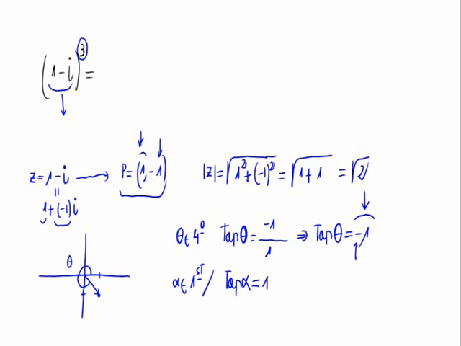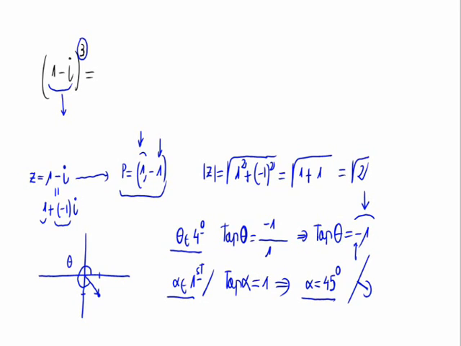Which angle has a tangent 1 in the first quadrant? That has to be known previously, and it is an angle of 45 degrees. What this means is that if we reduce theta to the first quadrant, we would obtain 45 degrees.